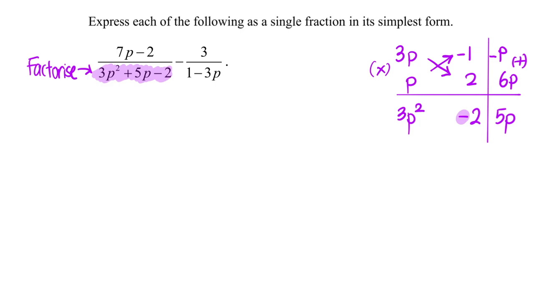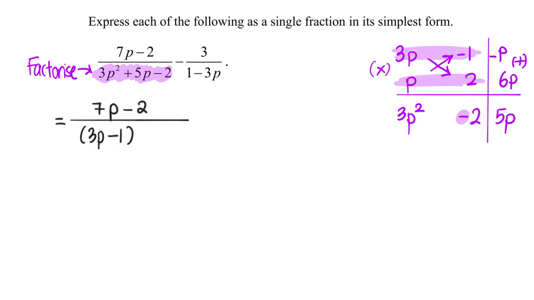Well, I have successfully factorized that already, so I'm going to write down the factorized form below, which will be 3p and negative 1, this one, and p and positive 2.